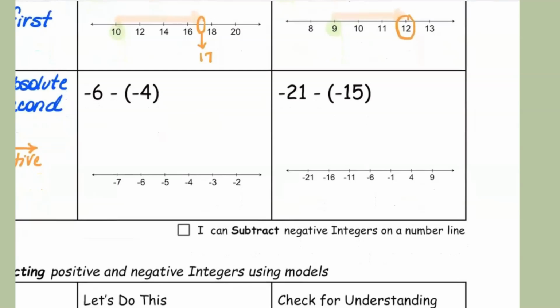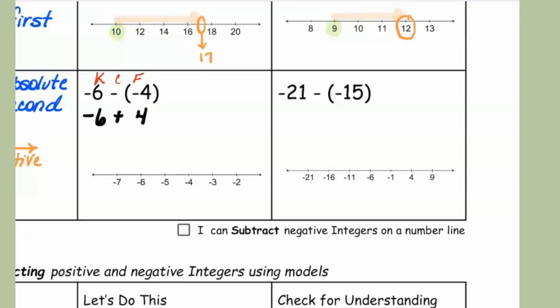Let's jump down and let's start with some that start with a negative. So here we have a negative 6 minus a negative 4. We still go through the same exact process and we keep, change, flip. So we are going to keep that -6, change that subtraction to an addition, and then flip that -4 to a +4.